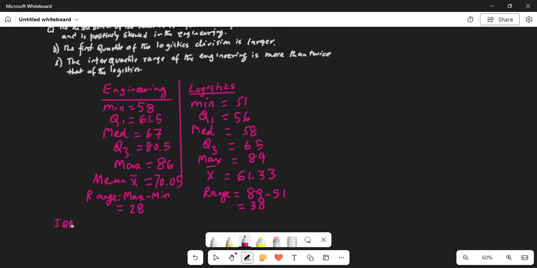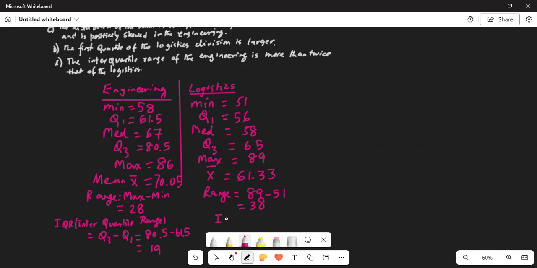IQR, which is interquartile range, is equal to Q3 minus Q1. So for engineering, it is 80.5 minus 61.5, which is equal to 19.